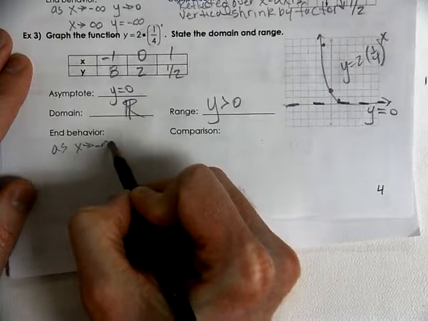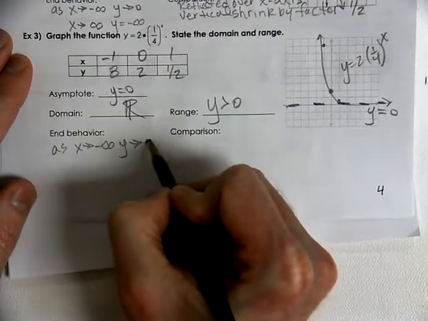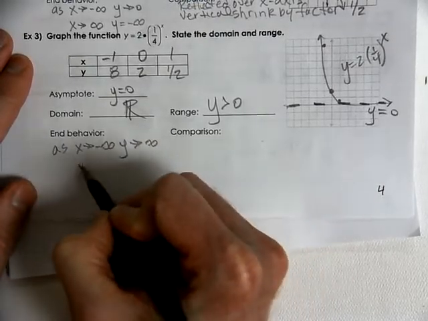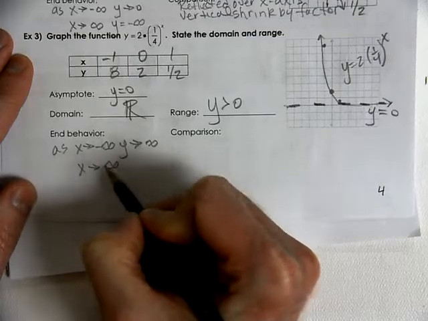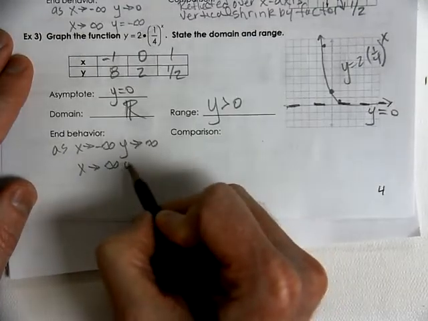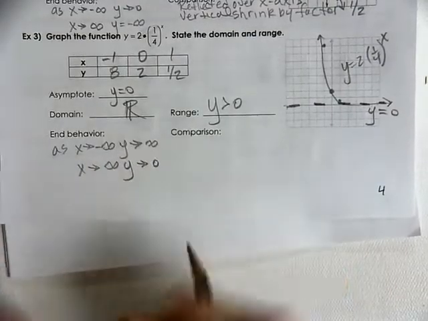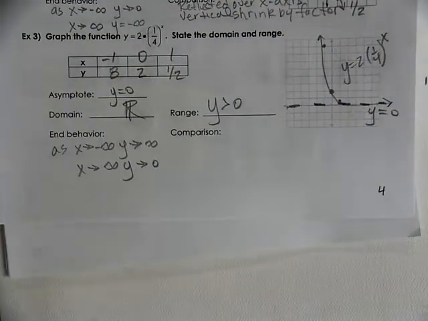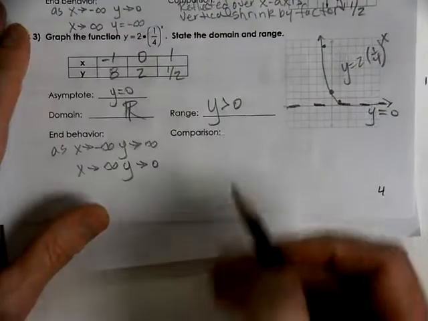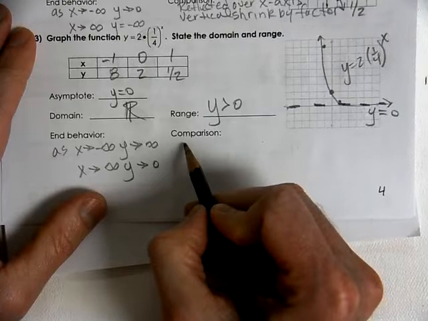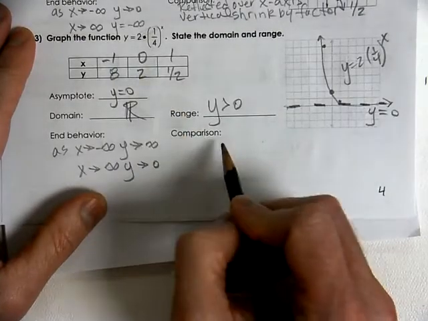As x approaches -infinity, the y value approaches +infinity. As x approaches the positive direction, the y moves down towards 0. There is no reflection.